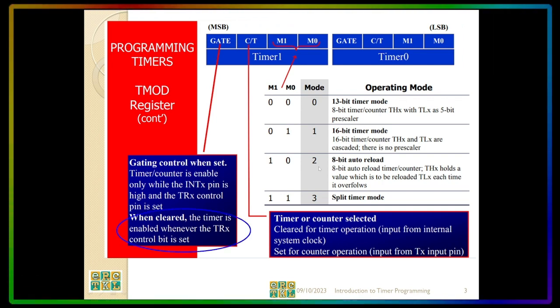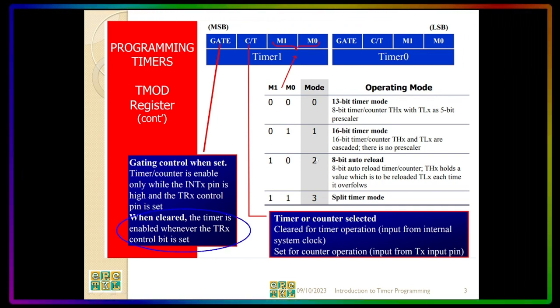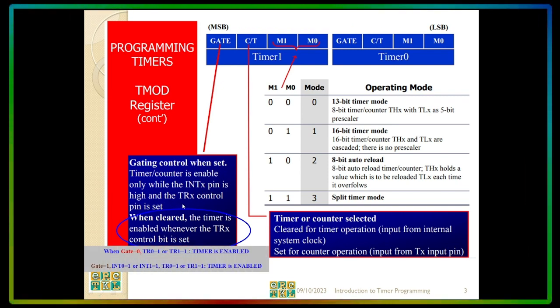By the way, for the gating control, when you set it, the timer or counter is enabled only when the interrupt pin is high and the TRx control pin is set. So it means that the gate must be equal to 0, cleared, so that the timer will be enabled, but the TRx control bit must be set.